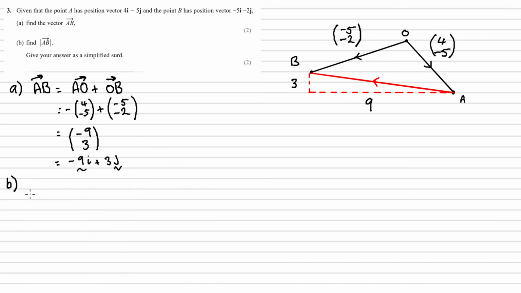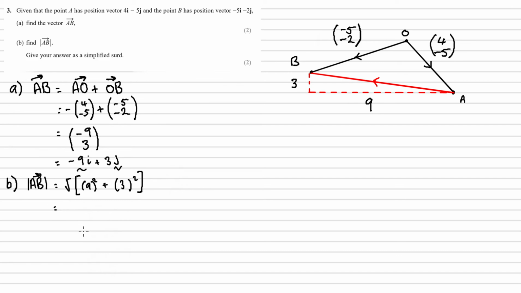So what I'm going to say here is magnitude of A to B is equal to the square root of 9 squared plus 3 squared.